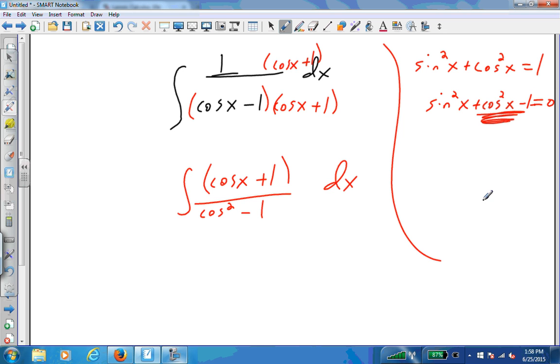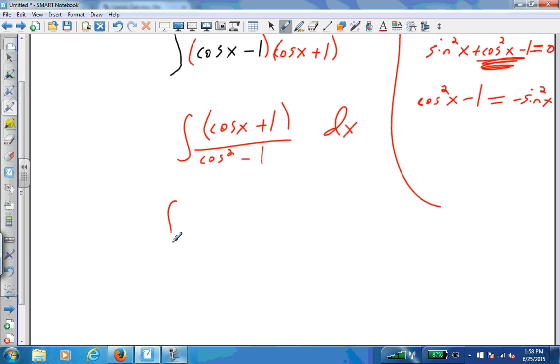Well, there's our cosine squared minus 1, so if we subtract sine squared from both sides, cosine squared x minus 1 equals the opposite of sine squared. So that gives us cosine x plus 1 on top, negative sine squared on bottom, or we could put sine squared and then put the negative out front.